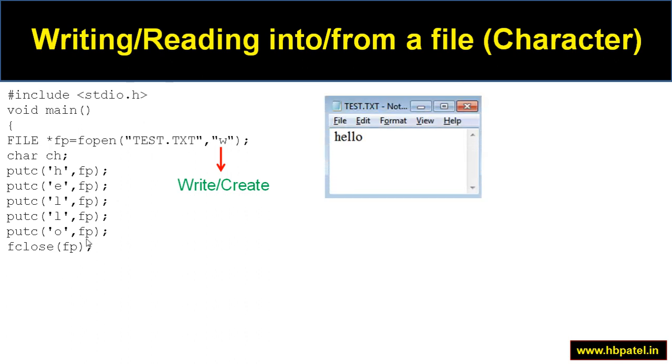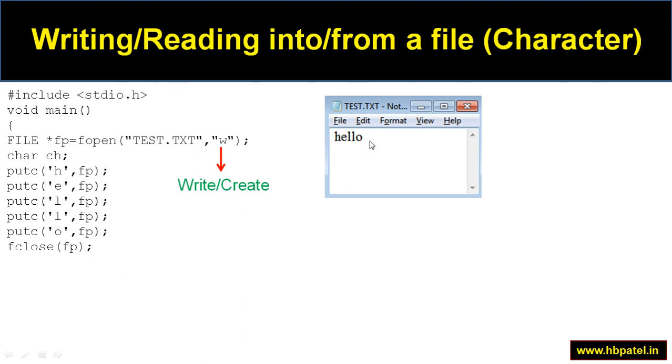In your hard disk, in your current working directory, you will find one file called test.txt, and when you open it, you will see that the contents of that file are nothing but HELLO. Now there are 5 characters which are visible, HELLO. But there is one more character which is not visible and very important.